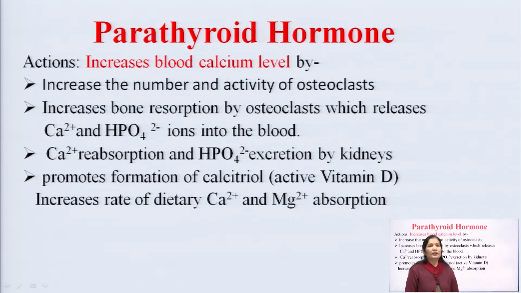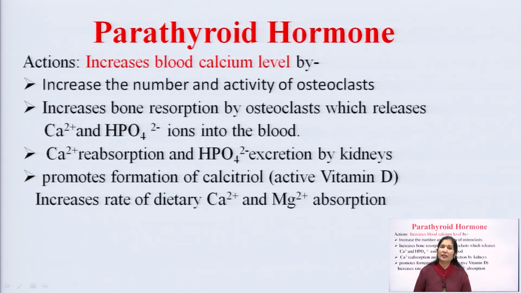How? It increases the number and activity of osteoclasts. As I told you, parathyroid hormone is exactly opposite to calcitonin. So, parathyroid hormone increases the number and activity of osteoclasts, while calcitonin inhibits the action of osteoclasts.